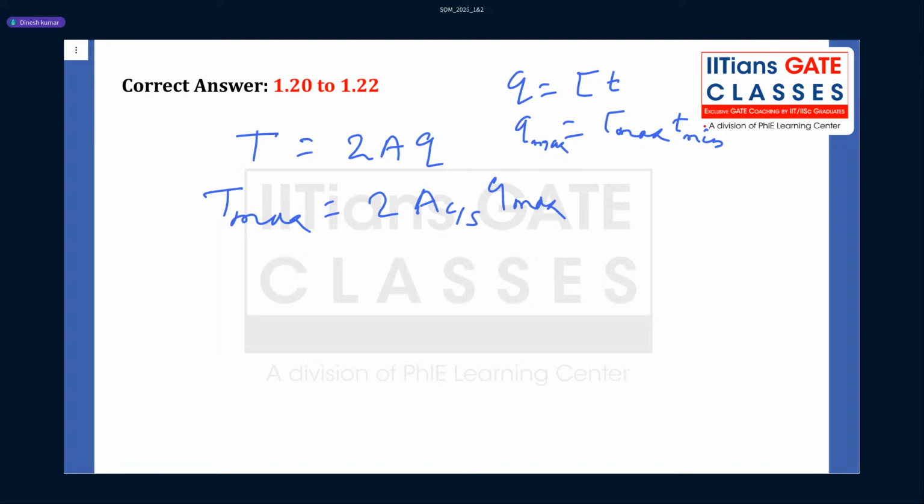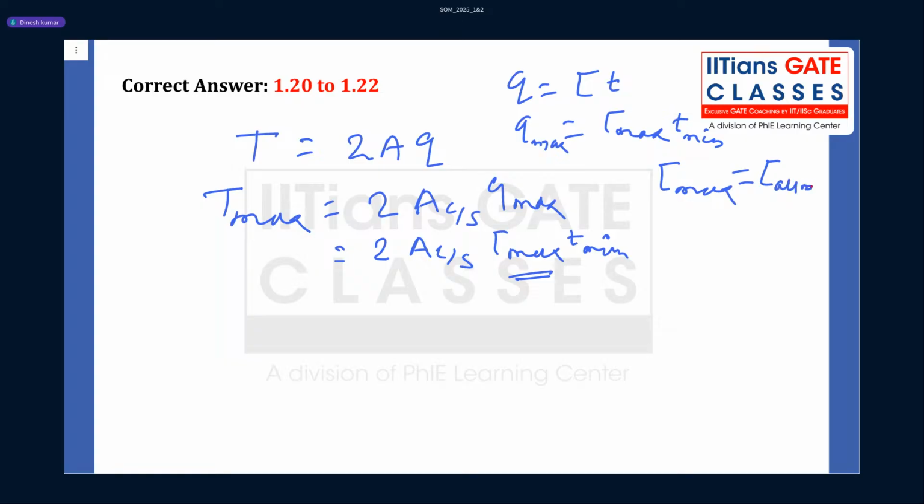So this is what you need to know in this question. Tau maximum into t minimum. Now the failure criterion is the strength criterion. That means the maximum applied stress should be equal to the allowable stress. So tau maximum can be equal to only tau allowable.